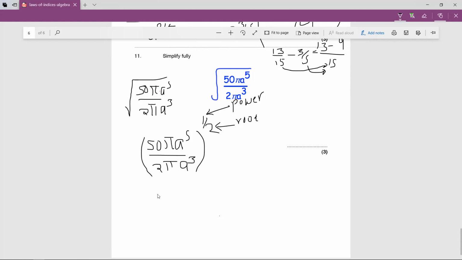Now, we have 50 over 2. I told you to always separate the like terms. So 50 and 2 can be worked out separately. And then we have pi and pi. And then we have a's. The a's are a power 5 and an a power 3. And all these, do not forget, are raised to power half because of the root sign.